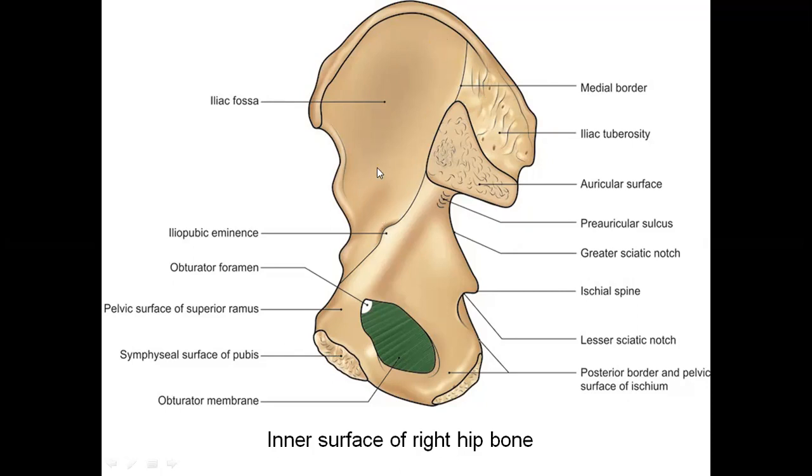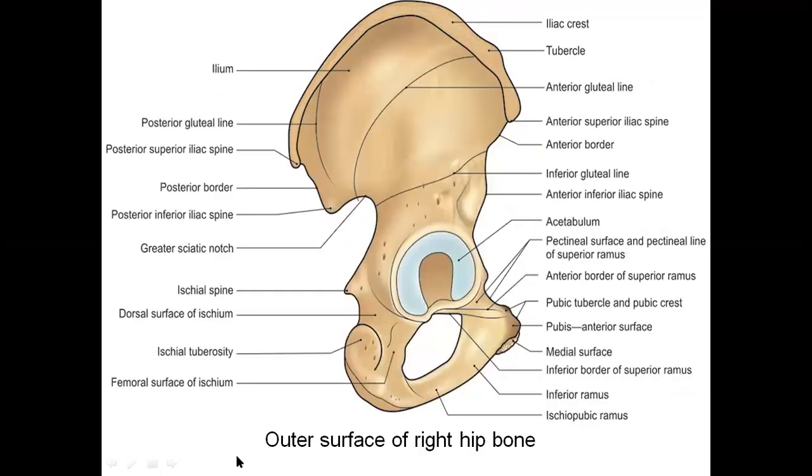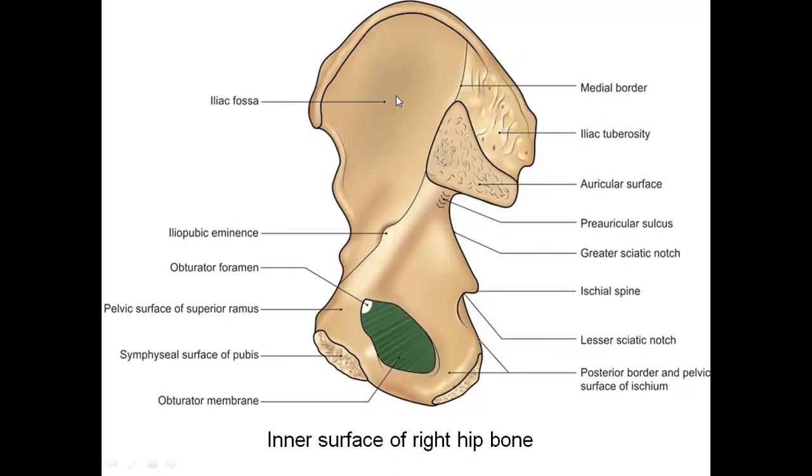Then I said we have three surfaces. The one seen from outside you call the gluteal surface. The ones you see from inside are two more surfaces: the iliac fossa and the sacropelvic surface. In the sacropelvic surface, we have the iliac tuberosity and the auricular surface.